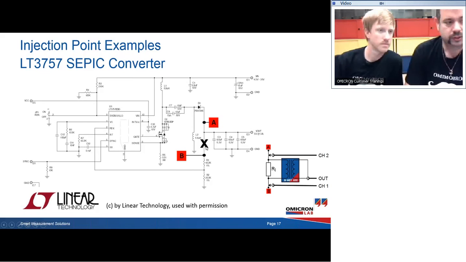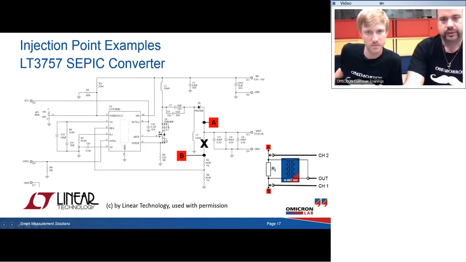The important thing is that we make sure that there are no bypasses to our injection resistor. So we have to make sure that all the signals that arrive at point A are also just going through the injection resistor to point B. There should be no shortcut that is shorting our injection resistor, because then we are only measuring a part of the loop and we don't see the real loop characteristics.